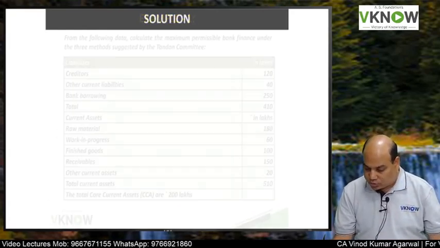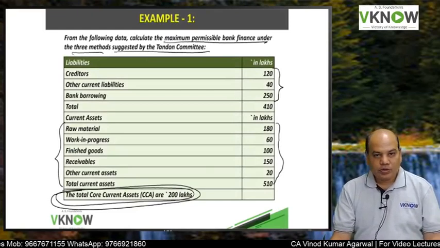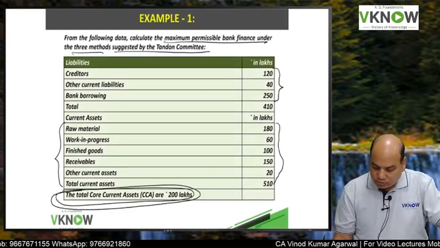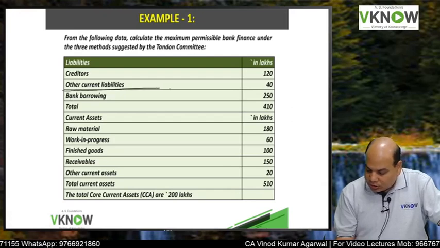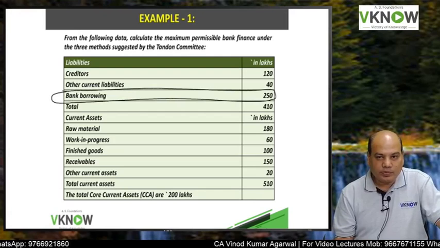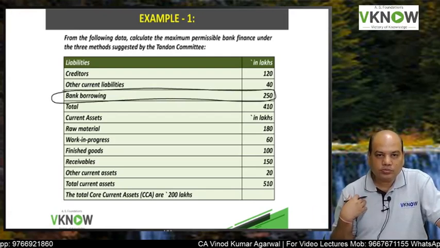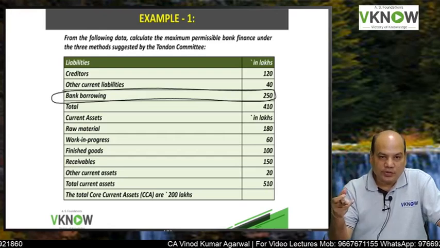So what are we supposed to do? Compute the MPBF under the three methods suggested by Tandon committee. Now, before we proceed, do not consider bank borrowing for calculation of MPBF. We want to know how much bank should finance.